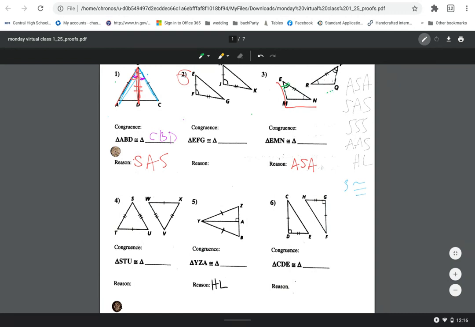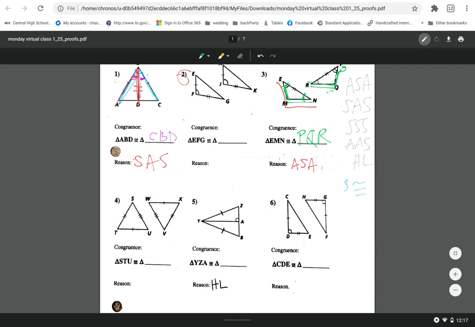So I'm in this triangle going to start with the angle with two arcs, which is P. Okay, then it goes to the unmarked angle M. So I'm going to go to the unmarked angle Q. And then it goes to the angle with one arc N. So I'm going to go to the one arc R. So that's how you would name that. So you have to name them in the same order. I know that's crazy, but you'll get the hang of it.